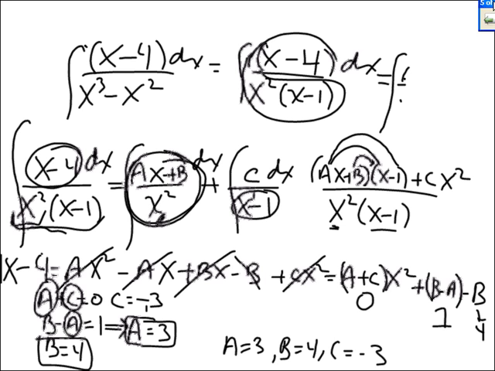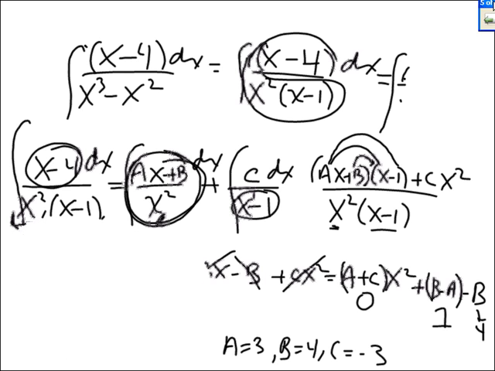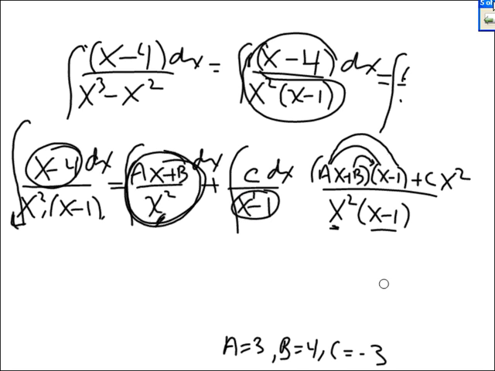So let me erase a lot on the bottom, and then we will go back to the calculus. A lot of algebra courses, basic algebra courses, have partial fractions in it.